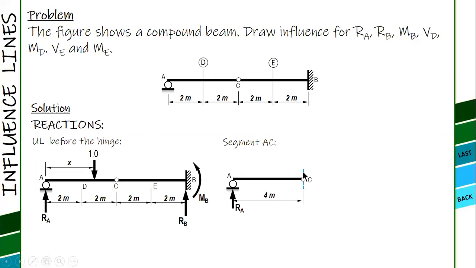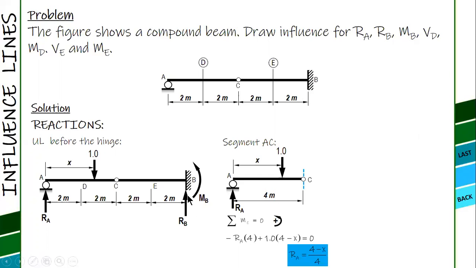So, segment AC, and butang mo load, distance X, and then sa pag-moment sa C, makuha ni mong RA. You have RA equal to 4 minus X over 4.